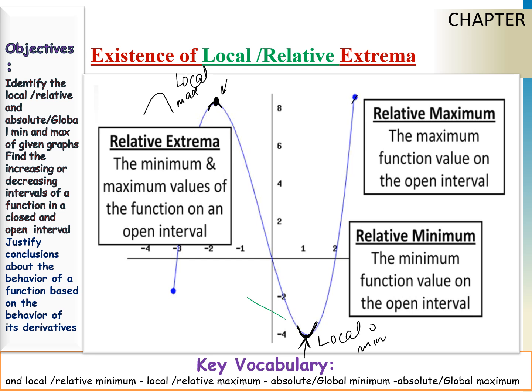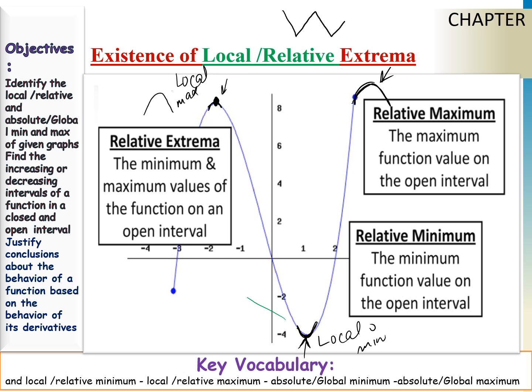Now, let's suppose the graph has more turning points. No problem, you will have more relative maximum and minimum. Any turning point is a local maximum or a local minimum. Look at this graph.